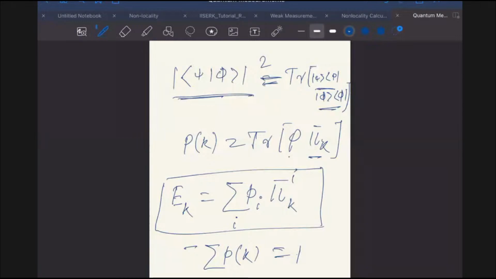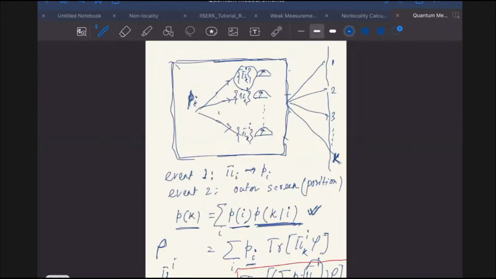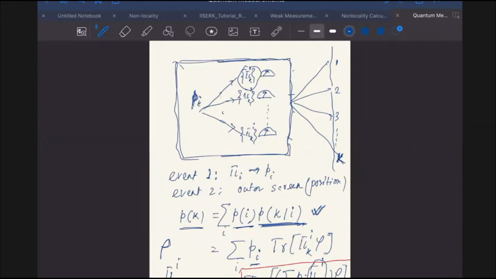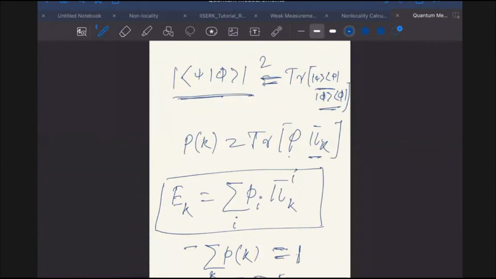Then the whole probability will sum up to 1. You can replace this by what you got here, trace of E k rho. As you know from the previous quantum computation class, trace of rho is 1.